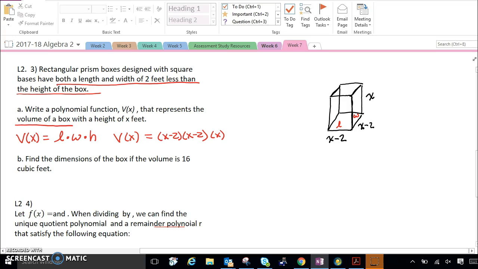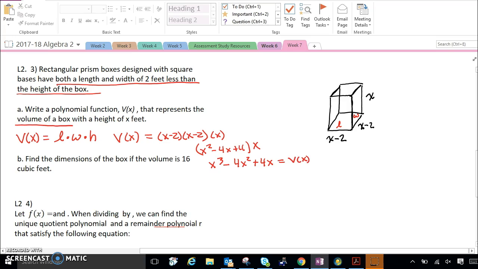And if we were to multiply this all out, we would have x squared minus 4x plus 4 times x, or x cubed minus 4x squared plus 4x. So this is part A.